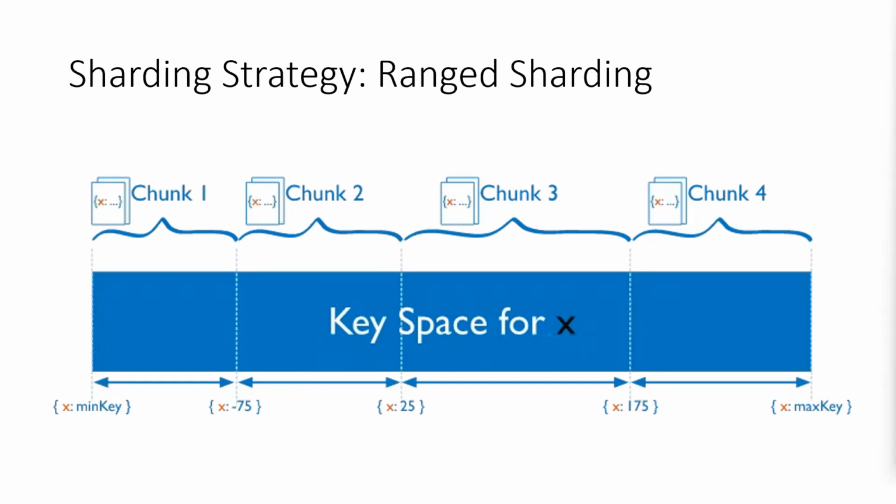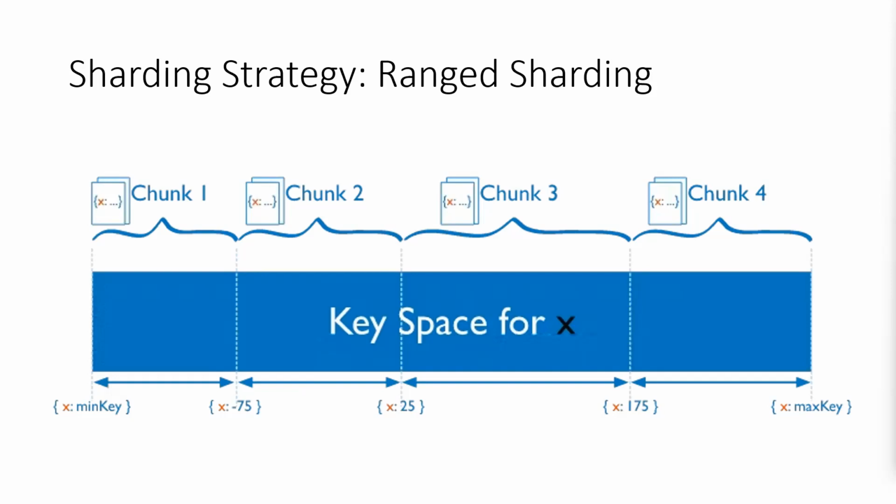That means we have to define a range under the range sharding, and then we have to define what the shard ID is. Let me take an example, and then we can talk about the ranges and the shards.